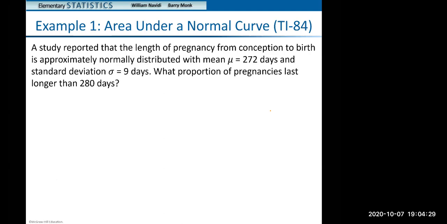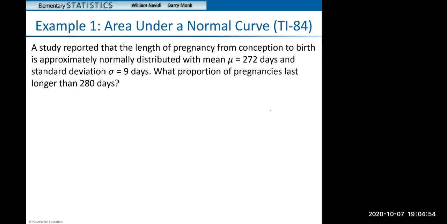I will. Example 1, area under a normal curve. A study reported that the length of pregnancy from conception to birth is approximately normally distributed with mean 272 days and standard deviation 9 days. What proportion of pregnancies last longer than 280 days?